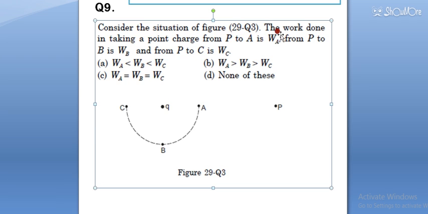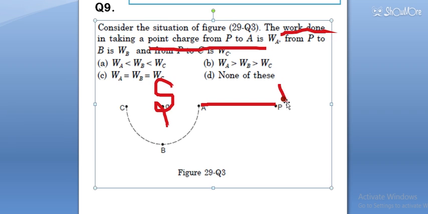The work done in taking a point charge from P to A. So students, we are taking a point charge from P to A, and the work done is WA. So P to A is WA. Here, this is the source charge.